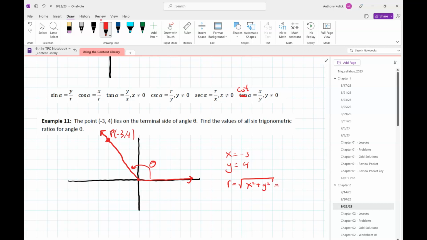Do me a favor, take out your calculator real quick and do the square root of x squared plus y squared and tell me what you get. Okay, good. There's a reason I'm asking you to do it on the calculator, though.